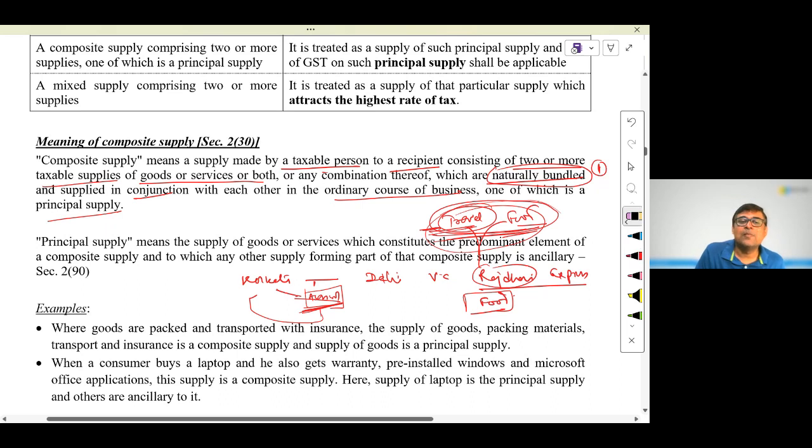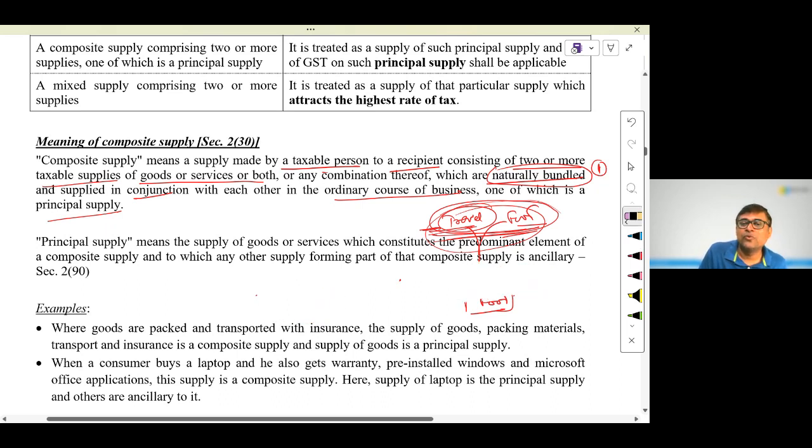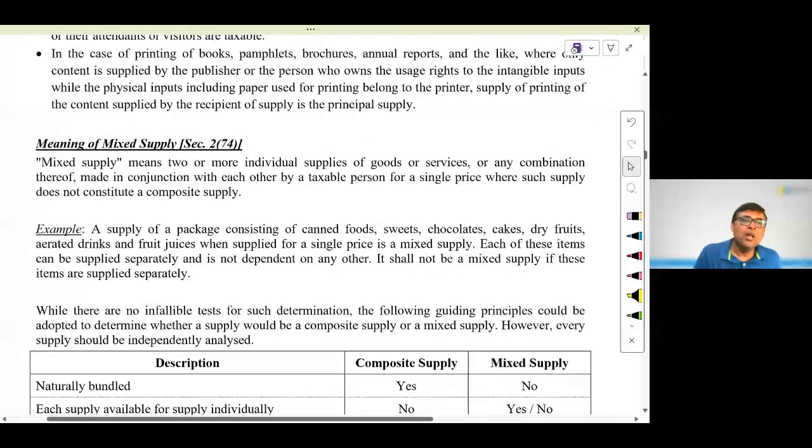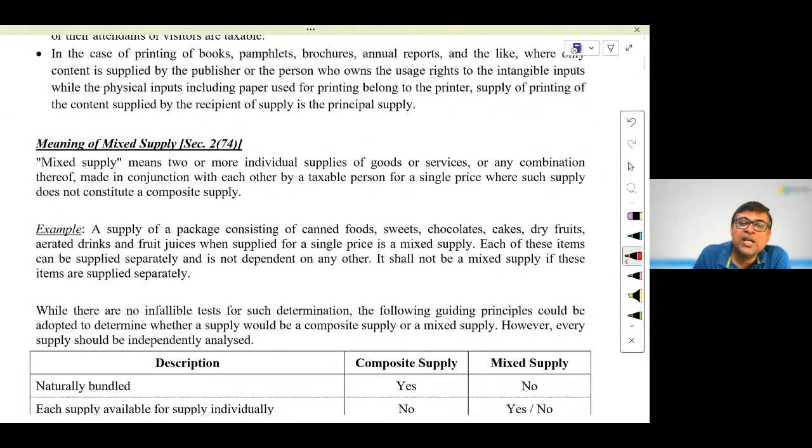Similarly, a few more examples are there which you are supposed to go through in your study material. Now coming to mixed supply. Mixed supply means two or more individual supplies of goods or services or any combination thereof made in conjunction with each other by a taxable person for a single price, where such supply does not constitute a composite supply.